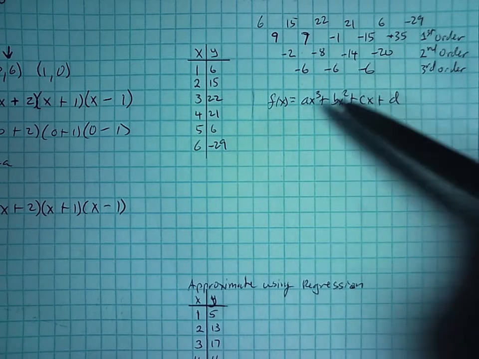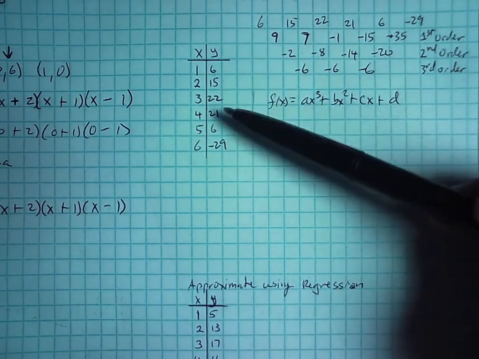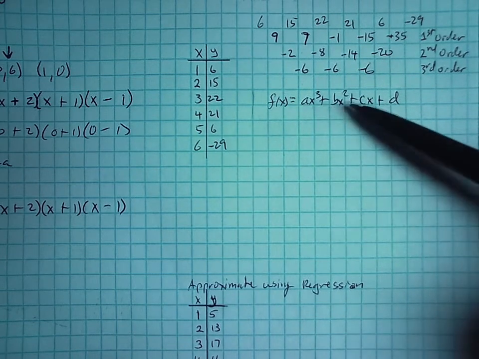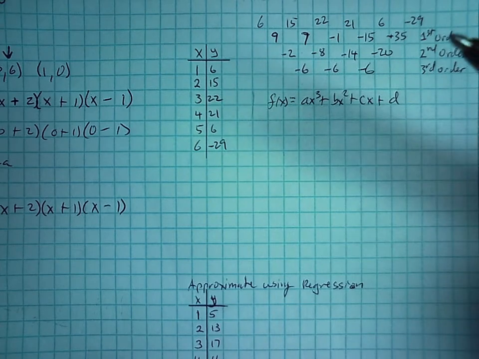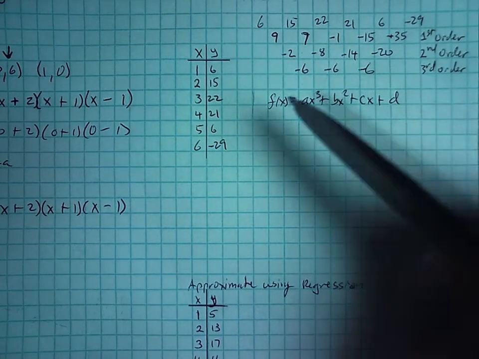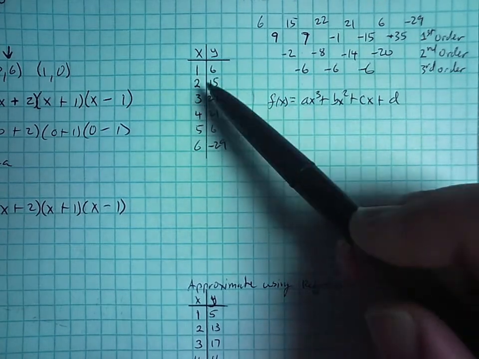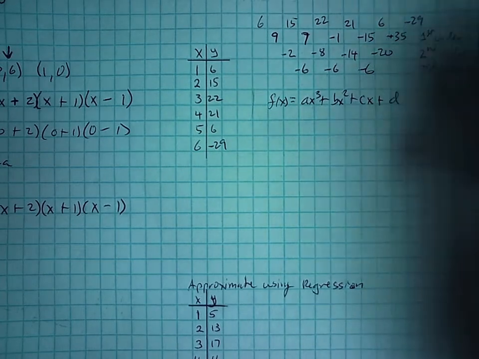When we had second degree, we had 3 letters, ax squared plus bx plus c, so we needed 3 points. Since this is third degree, we have 4 letters, and we need 4 points. I'm going to use the first 4 points. It doesn't actually matter, but I'm going to need to cube these numbers, so if I stick with the ones with smaller x's, it makes life a little easier.